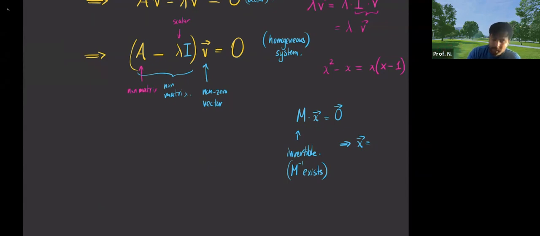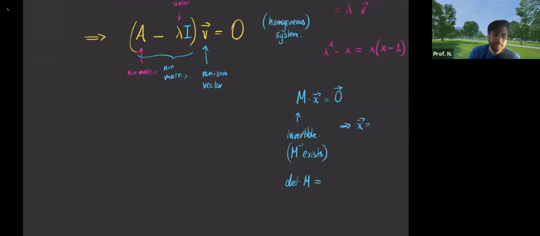Remember this? The determinant is what? What's the determinant of M, if you have an invertible matrix? Not 0. That's important. So invertibility of a matrix means the determinant is non-zero.